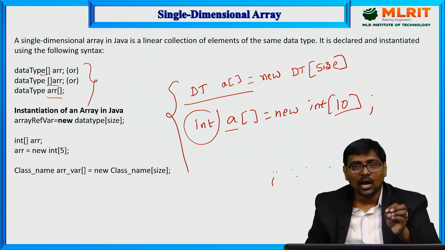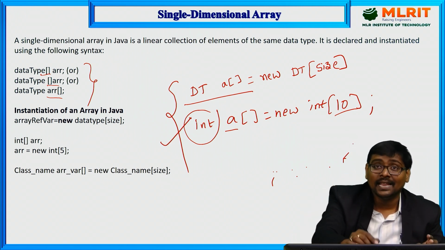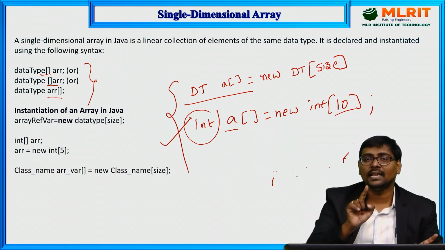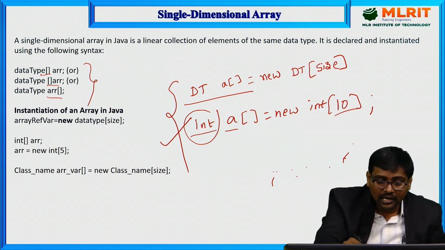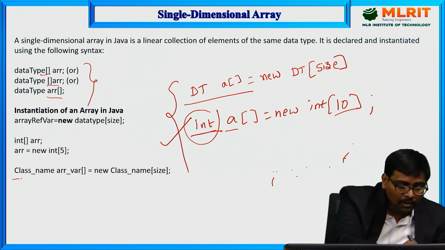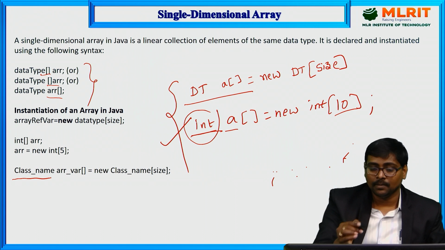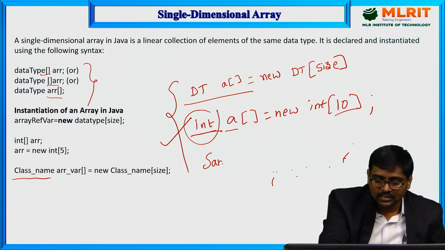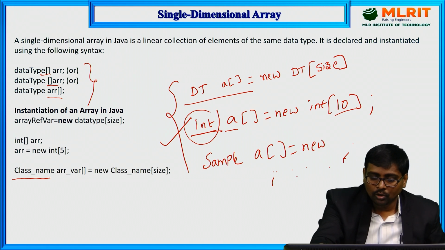Remember, in Java, along with this syntax, one more syntax is also there. Instead of a primitive data type, you can use the class name. Suppose my class name is Sample: Sample a[] = new Sample[5].